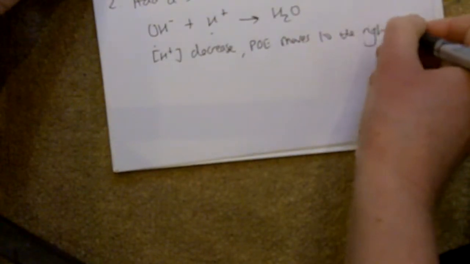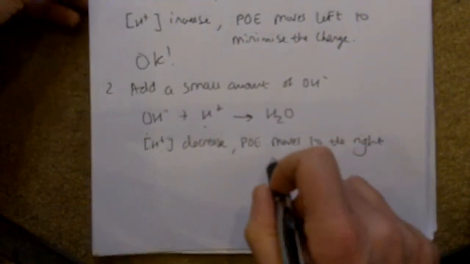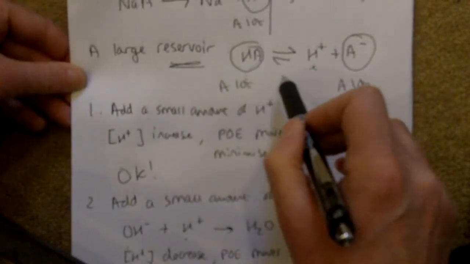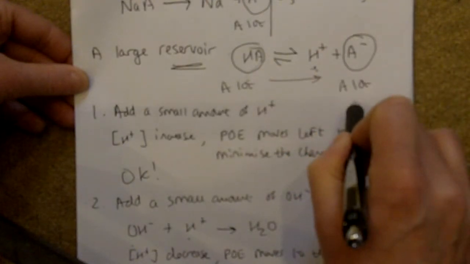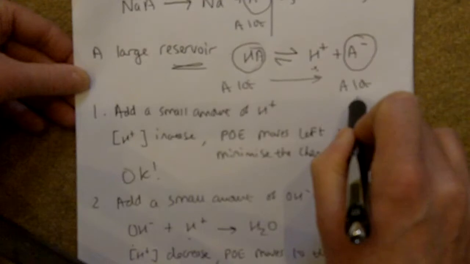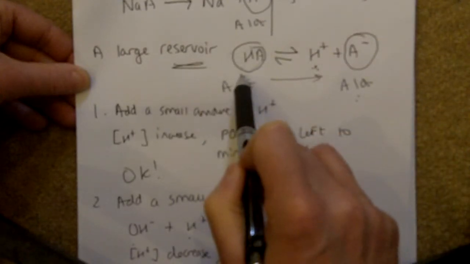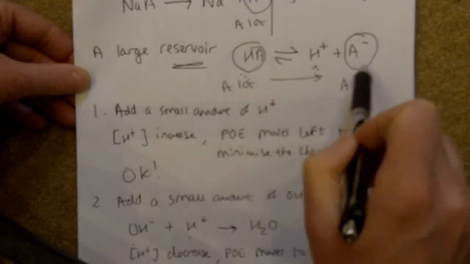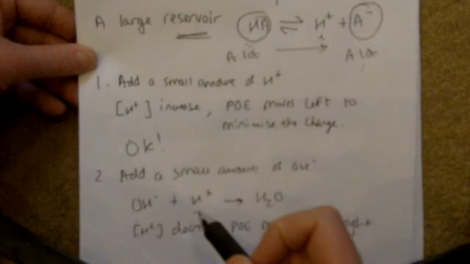Okay, so this is how, and this is okay. Again, it's okay if the position of equilibrium moves to the right, because you have a lot of this. So if a little bit more is made, that's okay. If a little bit of this is used up, that's okay, because you've got a lot of it. You've got large reservoirs, so a small change doesn't make a difference.